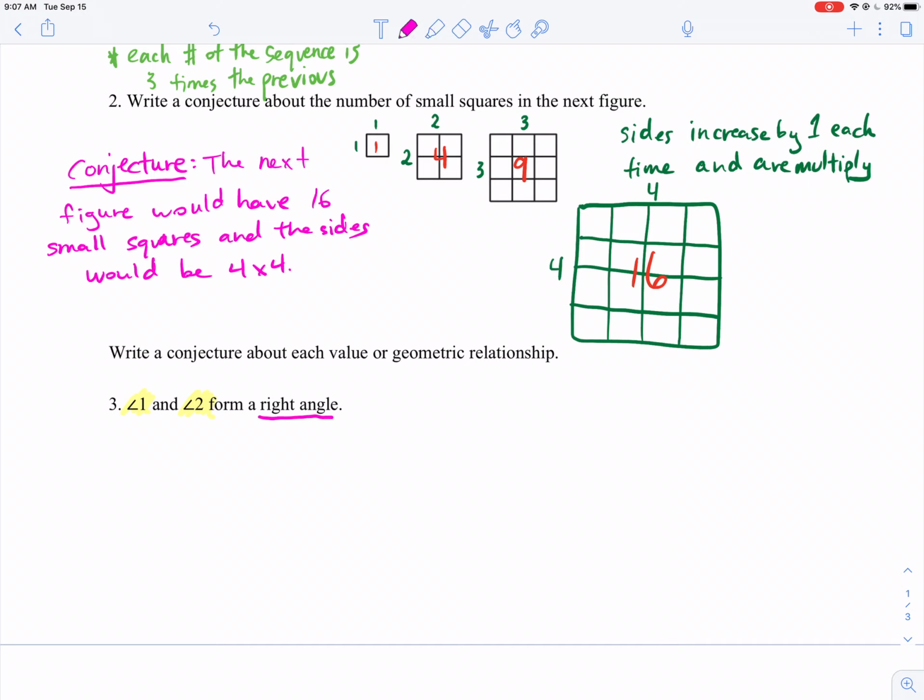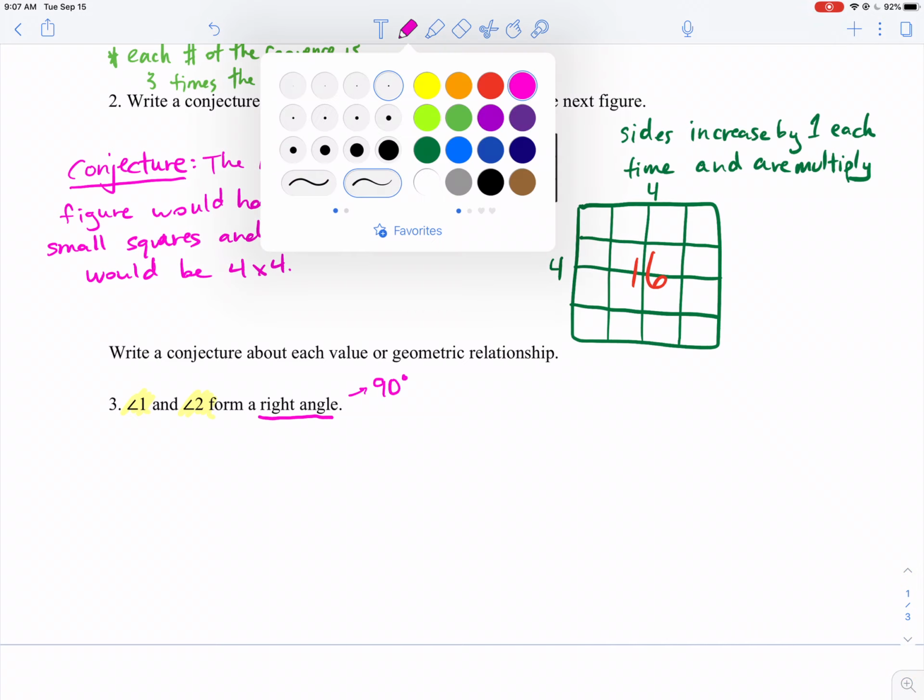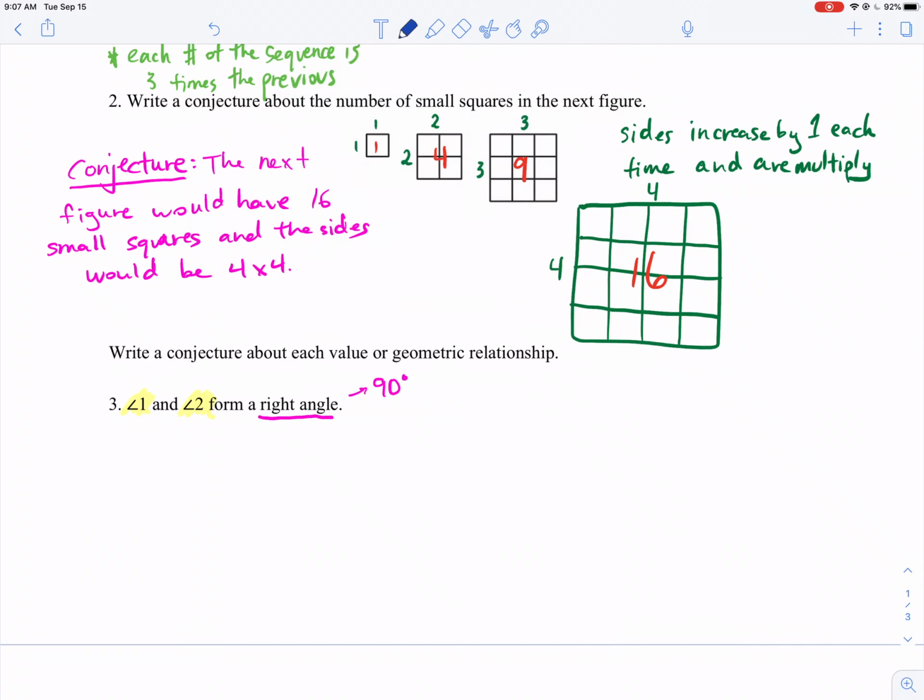Okay, so if we remember, right angles are 90 degrees. So if we remember from our definitions, what is the word that we use when angles add up to 90 degrees? So I'm going to say angle 1 and angle 2 are complementary angles. That's the word.